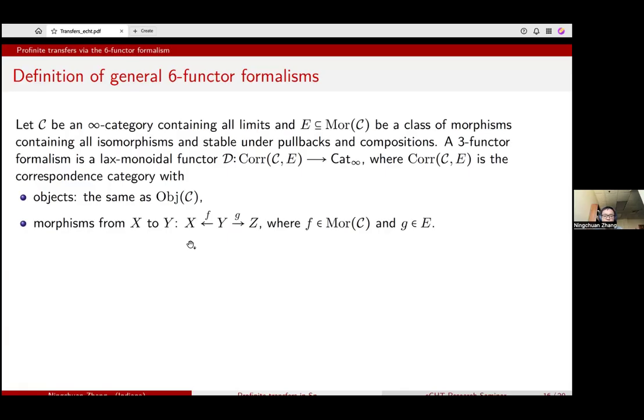Here, due to space, I'm not drawing how the composition works. It is because of the composition requirements that we require that E is stable under pullbacks and compositions.